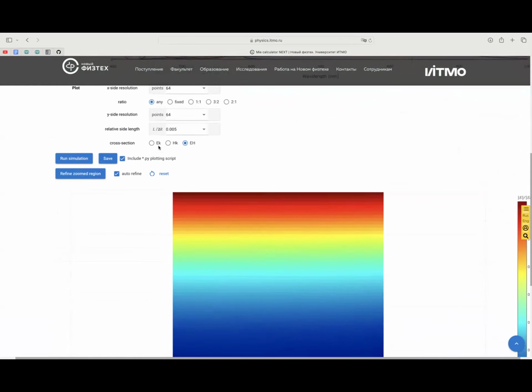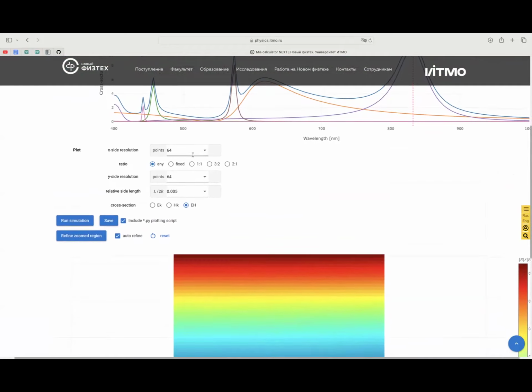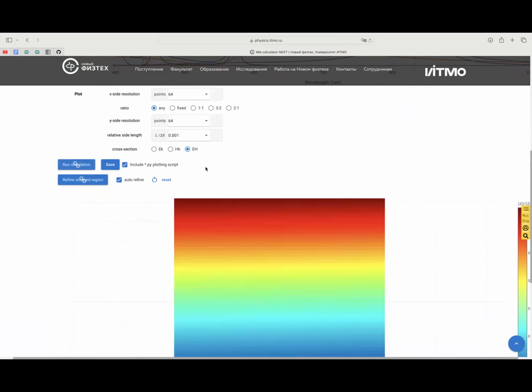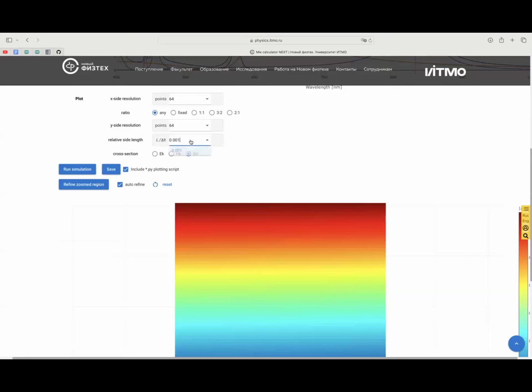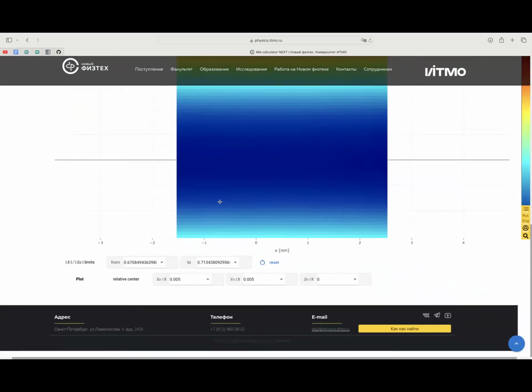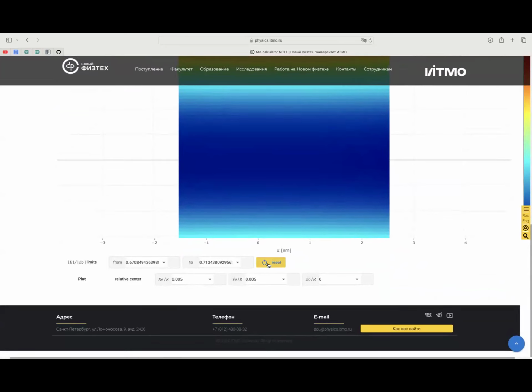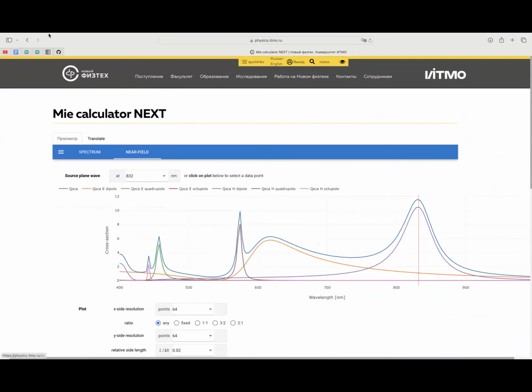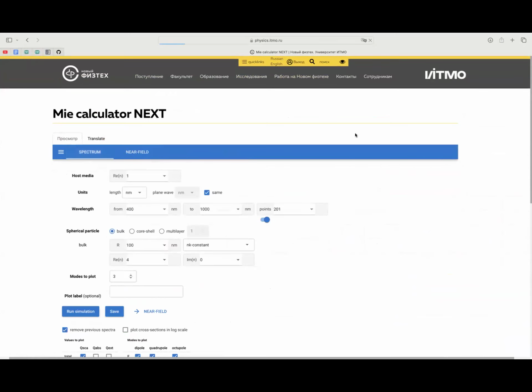Something strange is happening, but maybe if I just take the basic parameters here, everything will be okay.